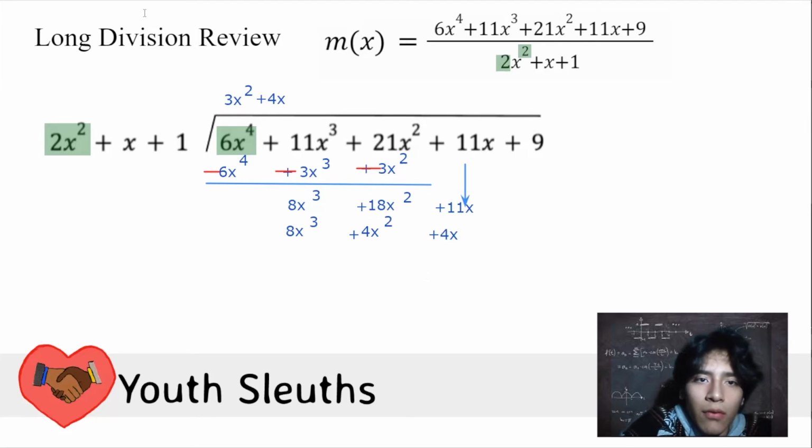Again, just like we did before, we are going to multiply by -1, so everything becomes negative, and then we can combine.